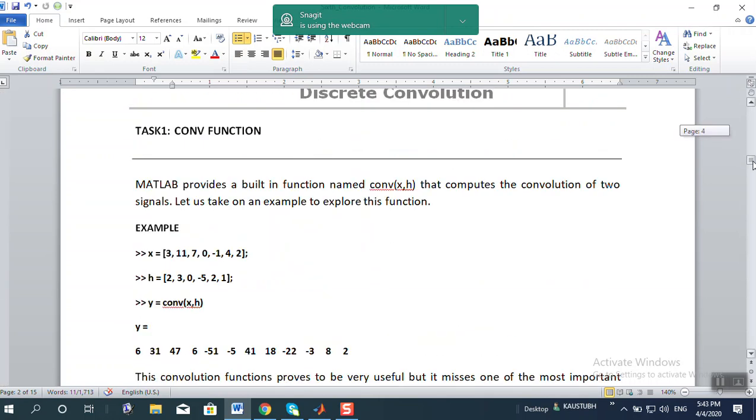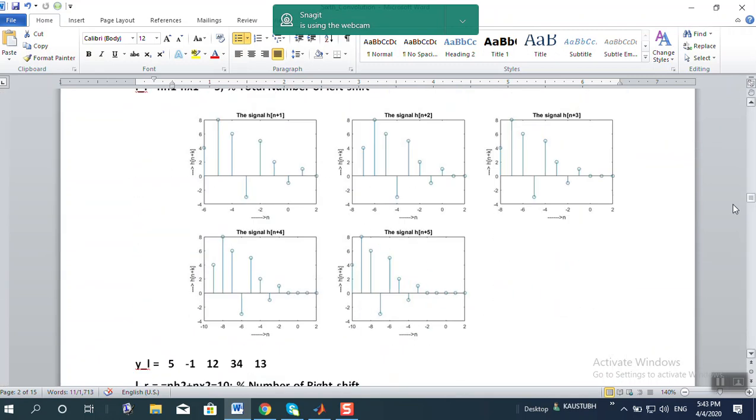Now if I shift one more, this is up till -2. Again if I shift one more, it will go to -3, so -3 will also be 0.